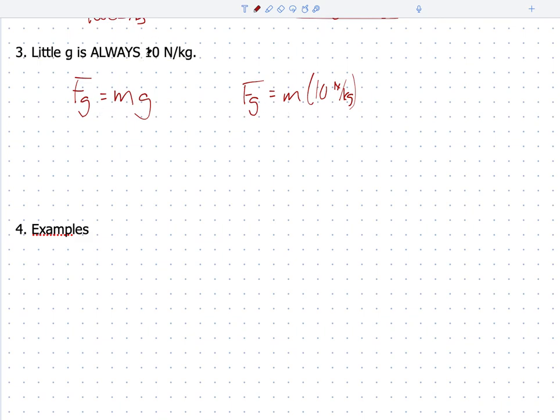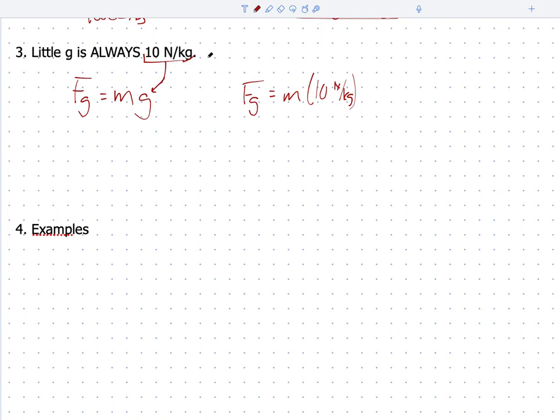In this equation, we use little g as a symbol for the strength of Earth's gravitational field, but it will always be 10 newtons per kilogram.